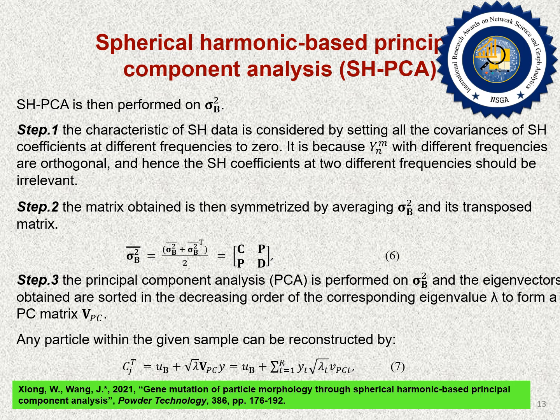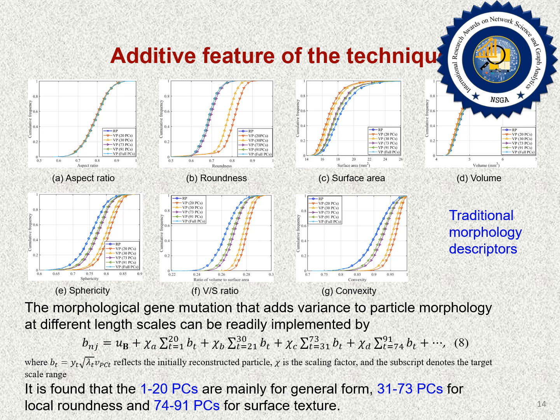After that, the principal component analysis is performed, and any particle within the given sample can be reconstructed by the last equation. We then adopt the traditional morphology descriptors, targeting different length scales, to visualize this reconstruction technique.